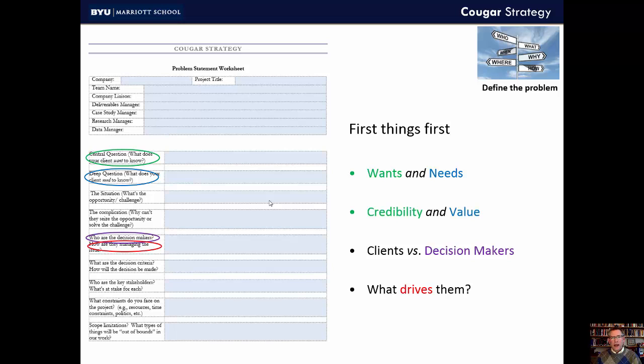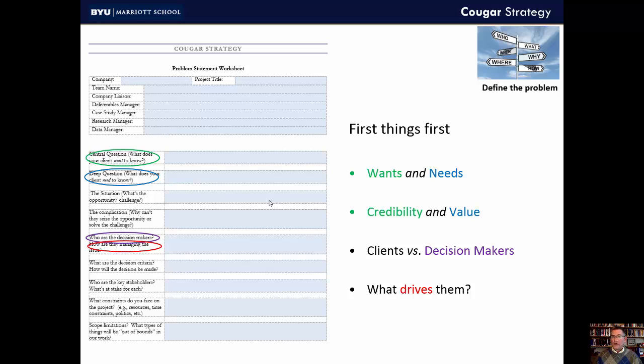And then the last thing that you want to know here in terms of first things is, how are they managing the problem? We talked a little bit about this. Are they managing through denial, that they don't see there's a problem at all? Do they manage by denial, thinking that they already know the solution, it's just a matter of implementation?